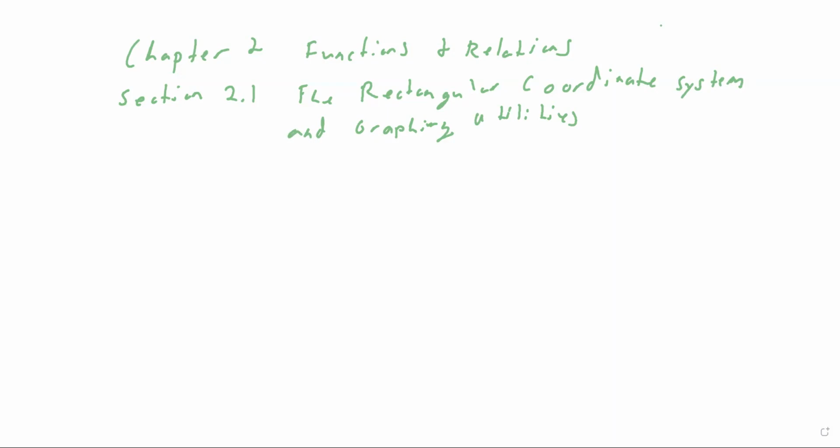So I'll do an example of objective one. Hopefully this is really easy, but I'm not going to assume anything. Objective one is to be able to plot points on a rectangular coordinate system.